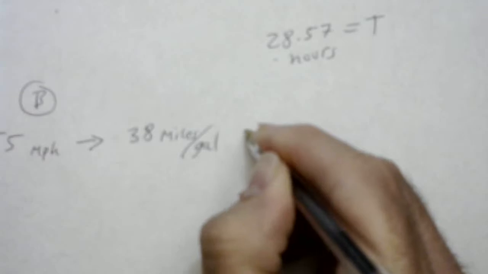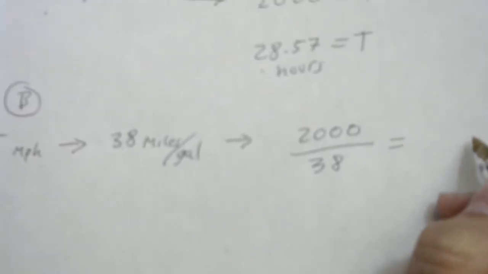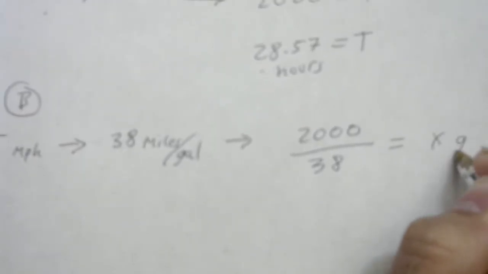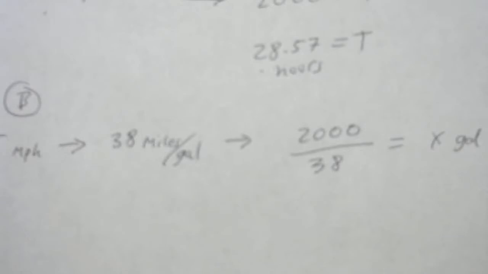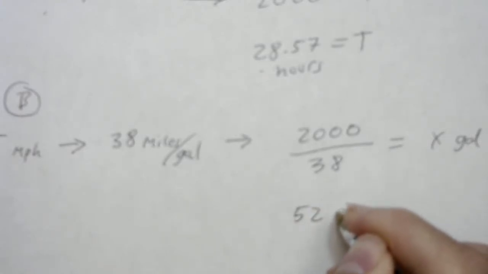So then, therefore, it would be 2,000 divided by 38 miles per gallon gets you how many gallons? And if we do that, then it would take 52 gallons.